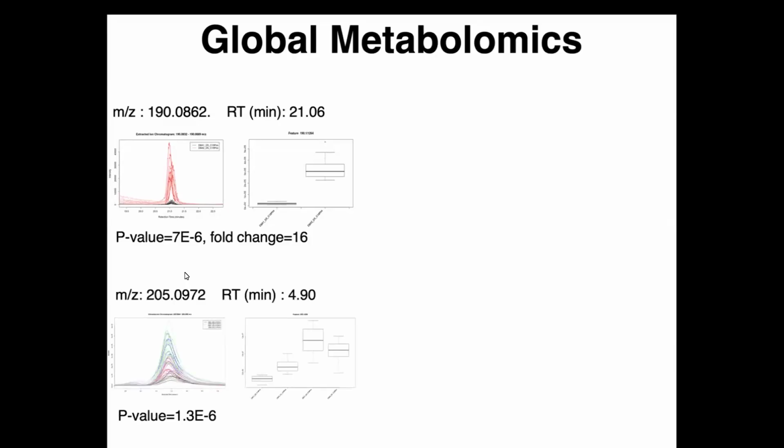And here is another significant dysregulated feature from multiple group comparison of the 4 sample groups. This feature had m/z 205 at retention time 4.9 minutes and a p-value of 1.3 times 10 to the power of -6.